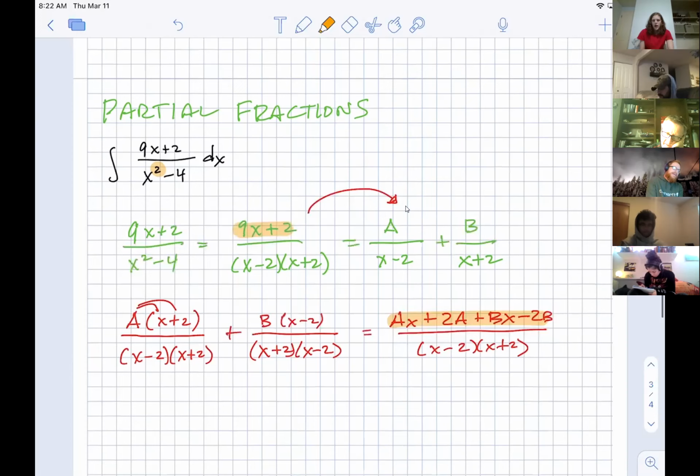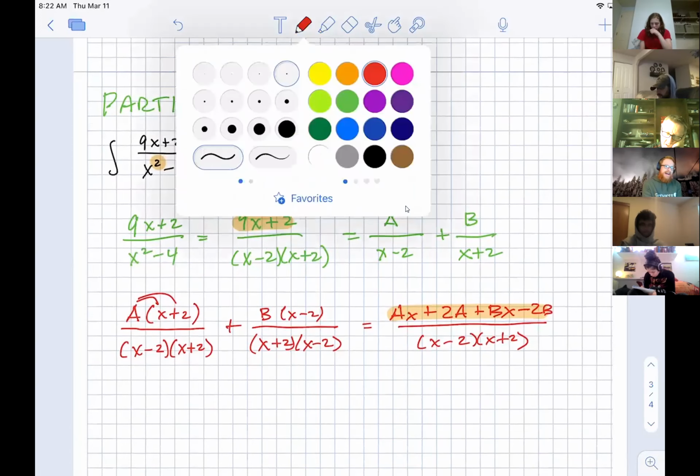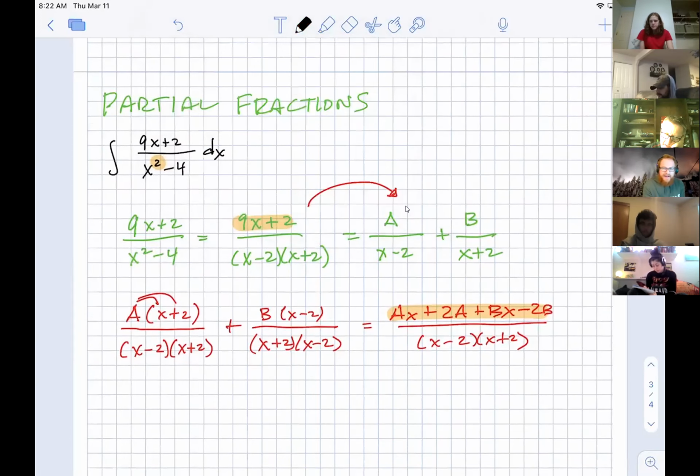Does it make sense to you logically, working backwards, that ax plus bx, so wouldn't a plus b have to be the 9 then? Do you agree with that? Ax plus bx, those are your x terms, and don't those have to add up to 9? So a and b could be 7 and 2. 7x plus 2x is 9x.